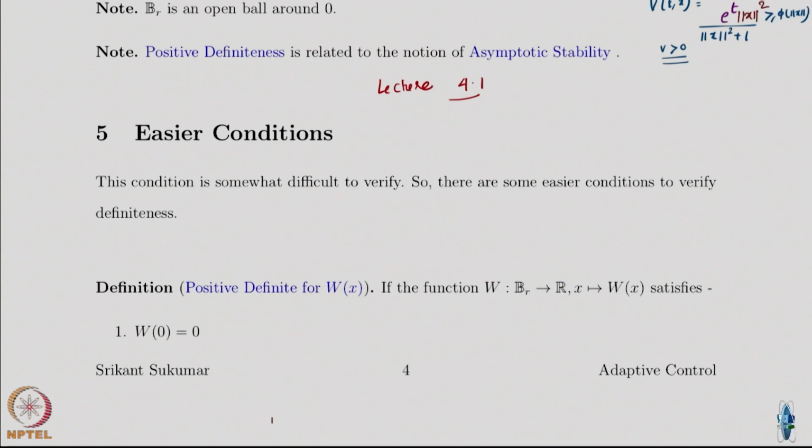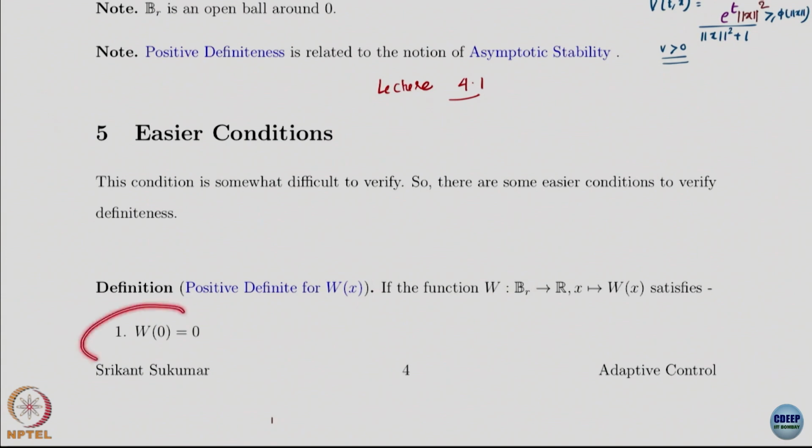If you have a function of only the state, therefore I use a different notation, it is still the same v or whatever you want to call it. I use w(x) because there is no time argument, so I am using just a different notation to distinguish these cases. So if you want to discuss positive definiteness of w(x), which is a function of the state only, then you are required to check only two things.